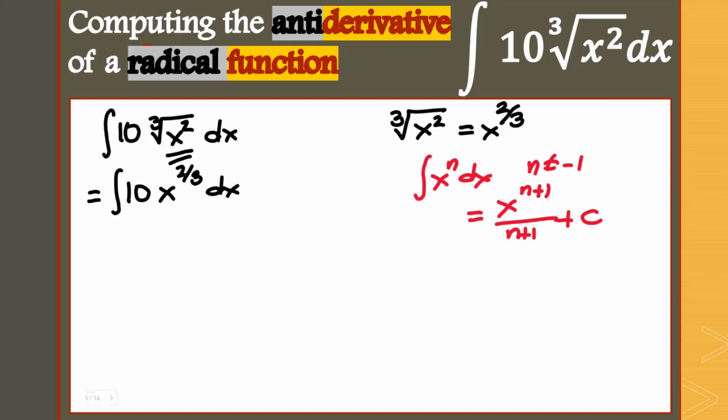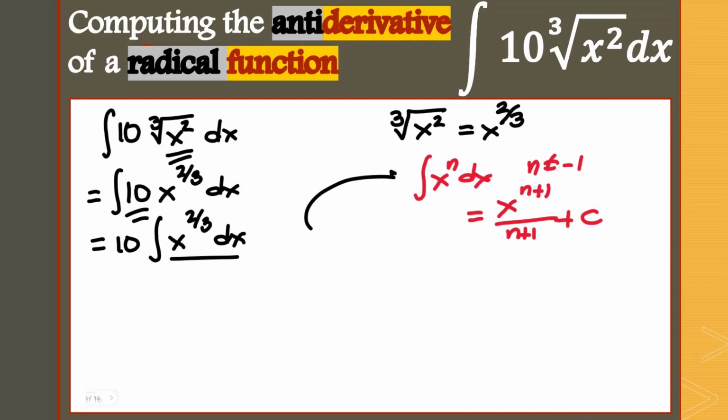We'll be using that later, because we can still use the constant multiple rule as we take out 10 times the integral of x to the power of 2/3 dx. Now this time again, it fits this idea, so we will have 10 and the integral, no longer containing the integral sign, you have x to the power of 2/3 plus 1 over 2/3 plus 1, then plus c.